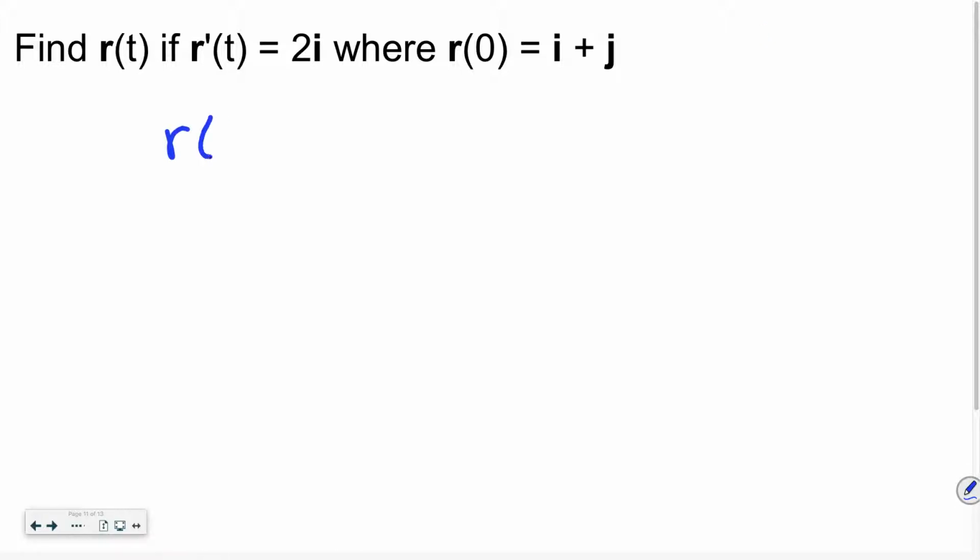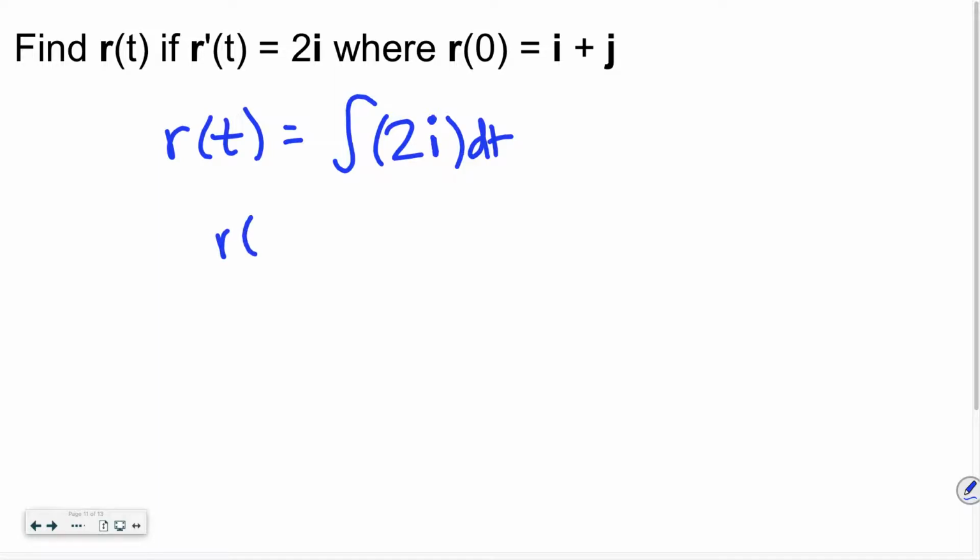So r of t would be the integral of r prime dt. I might do that just so it doesn't look like a bunch of letters scrunched together. Okay, so antiderivative, and I chose this for a reason.